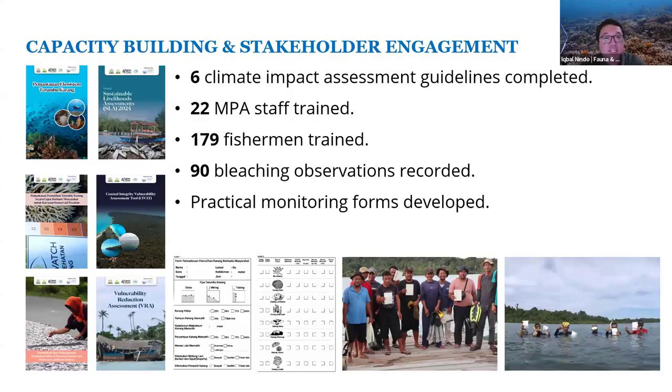Throughout the project, communities carried out 90 bleaching observations on their own, and the results consistently show only minor bleaching with levels below 5%. This gives us a clearer picture of local conditions and how they change over time. Overall, these activities help build strong local skills, improve coordination across groups, and ensure that the tools and knowledge developed through this project can continue to be used in the future.